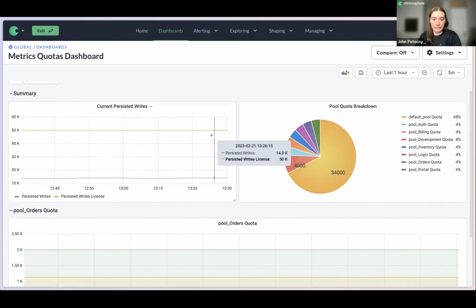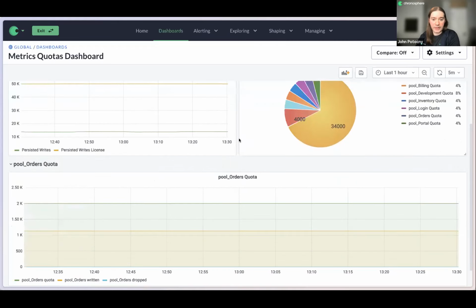But if we hit that total allowed limit, 50,000 writes, then we'll start shedding data from these systems that are over their quota. So if that's the order service, then we'll start dropping data for the order service. Everyone else that has their own quota, their data is guaranteed to be let into the system. It's not going to get affected. It's not going to get touched. They'll never know that this happened unless they go and take a look and see that it did.